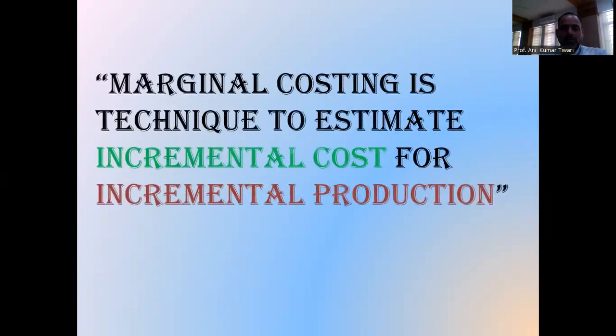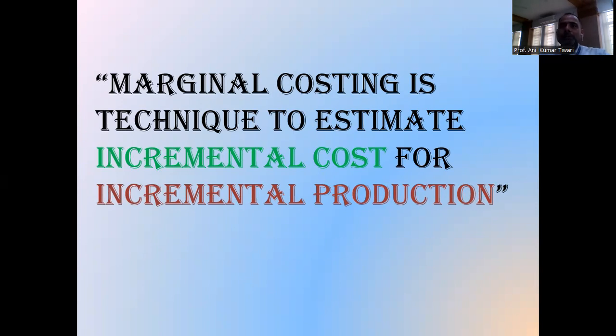Second, now we are going to discuss marginal costing. What is marginal costing? Marginal costing is the technique to estimate the incremental cost of incremental production. The additional number of units now going to be produced, and the cost incurred on that additional unit, is known as marginal cost.